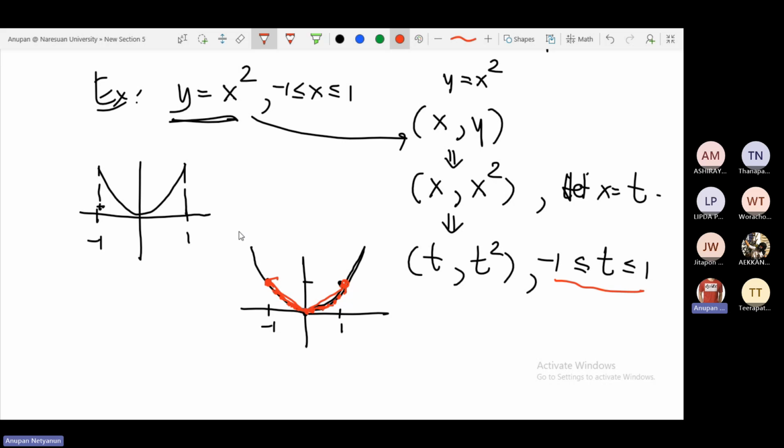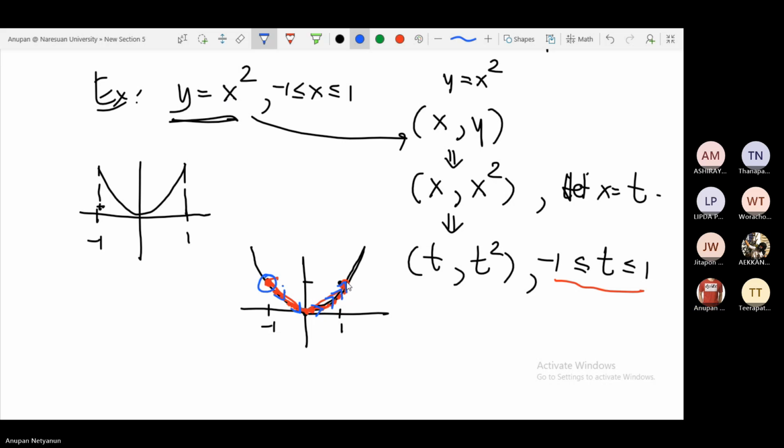So instead of getting the graph of the parabola only from this information, if you write it like this, you know that actually the graph that you write starts from this point and then it moves in this direction to this point.